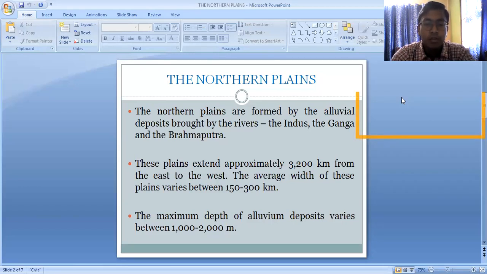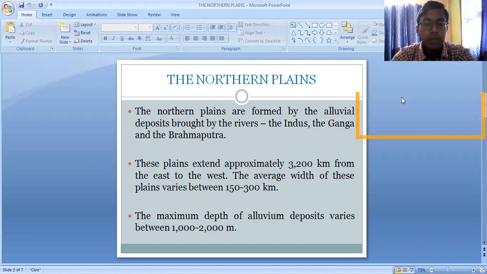That means starting from the last part of Assam till Punjab, the northern plain is 3,200 kilometers in length. A width of 150 kilometers is found in the eastern part, like in the state of Assam, and as we move towards the west, towards Punjab, Haryana and Uttar Pradesh, the width increases up to 300 kilometers.